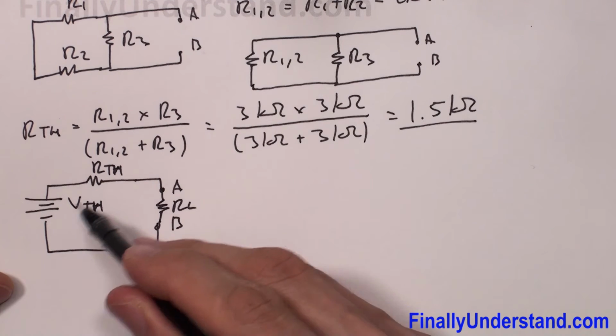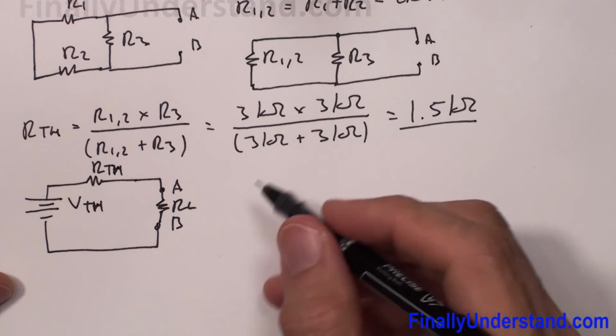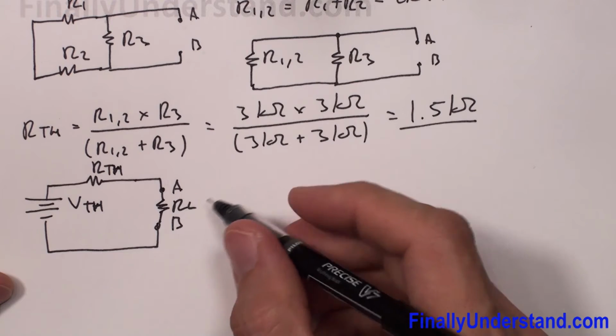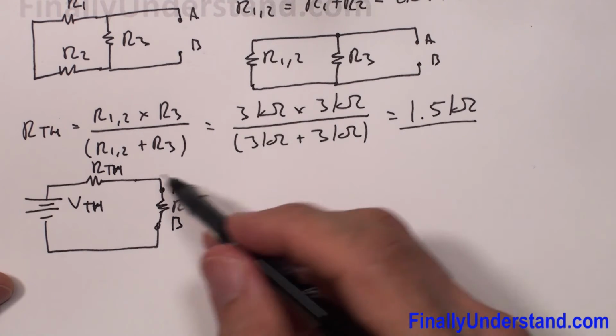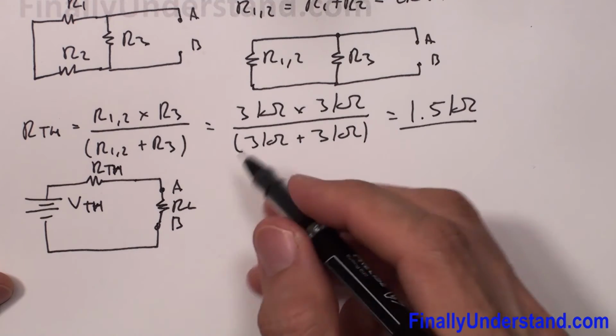If you want to find the current in the series circuit, you simply divide the voltage, VTH in this case, by the total resistance of this circuit.